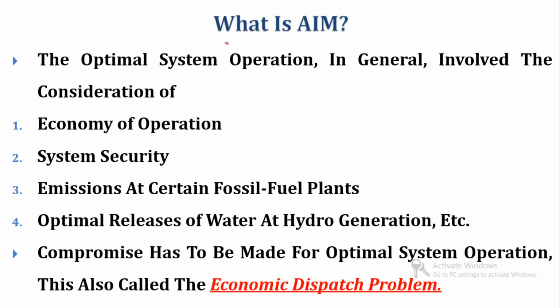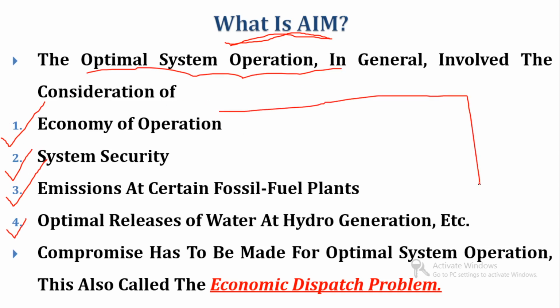Now, what is the aim of economic operation? The main aim is economy of operation, system security, emission at certain fossil fuel plants, and optimal release of water at hydro generation. So, these are the optimal system operation which involves the 4 points.